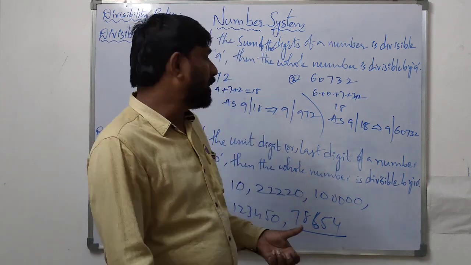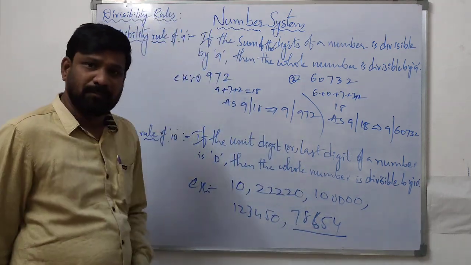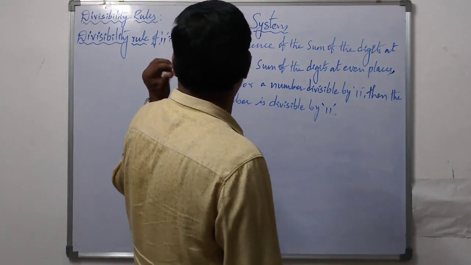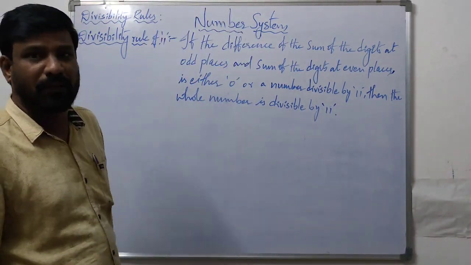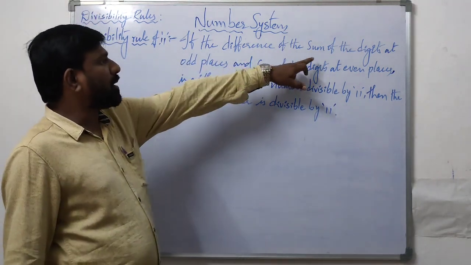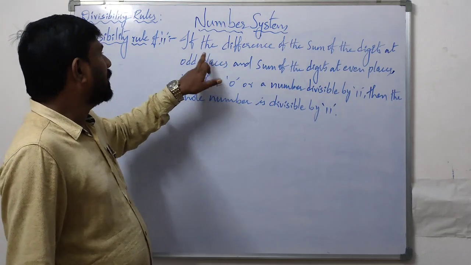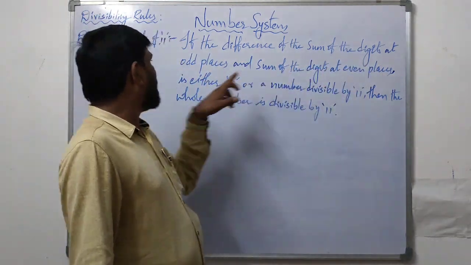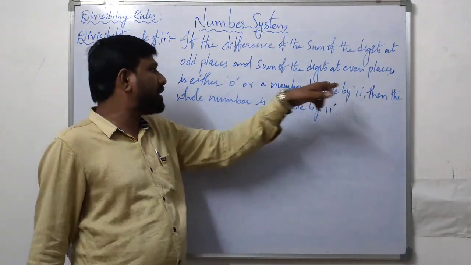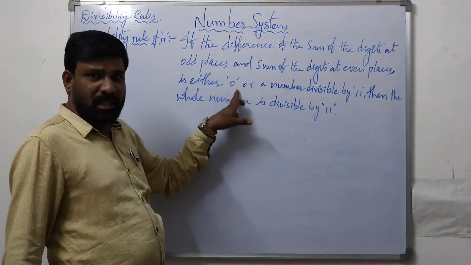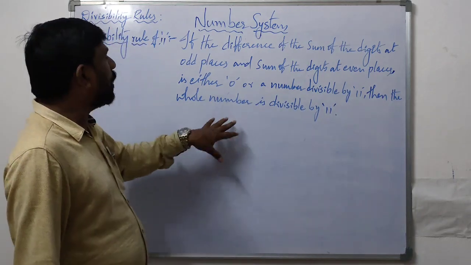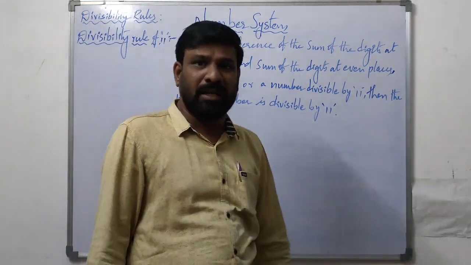Now the next divisibility rule is 11. Divisibility rule of 11: if the difference of the sum of the digits at odd places and the sum of the digits at even places is either 0 or a number divisible by 11, then the whole number is divisible by 11.